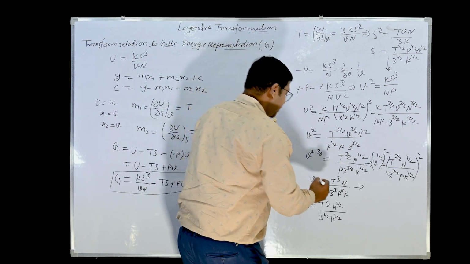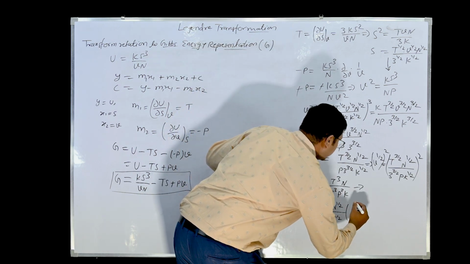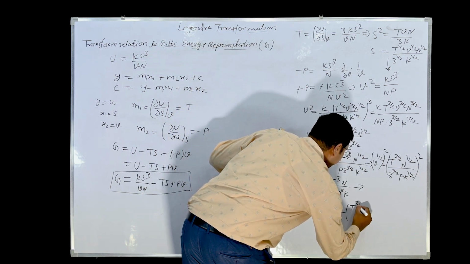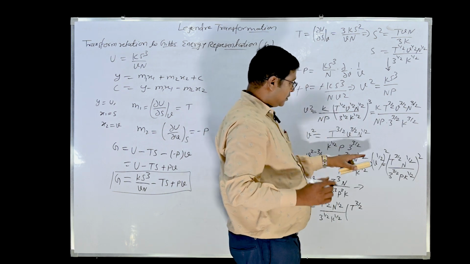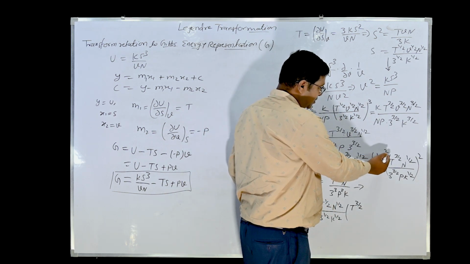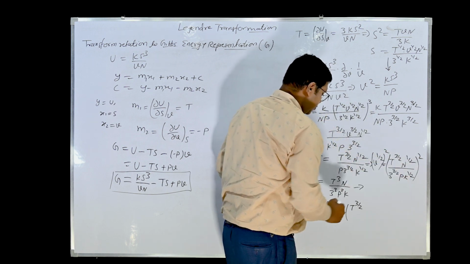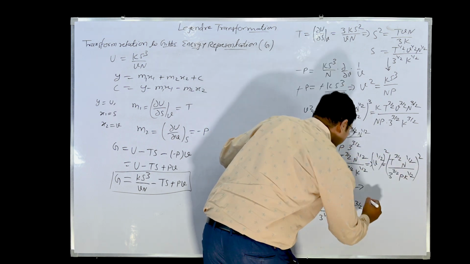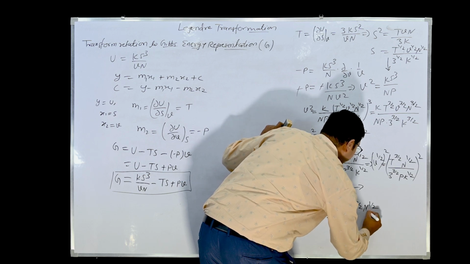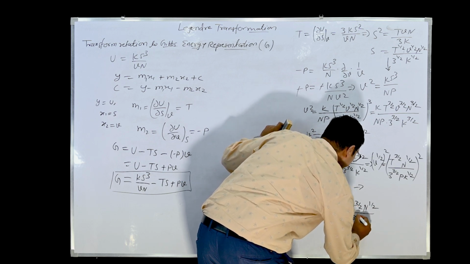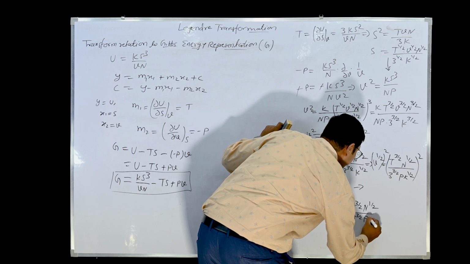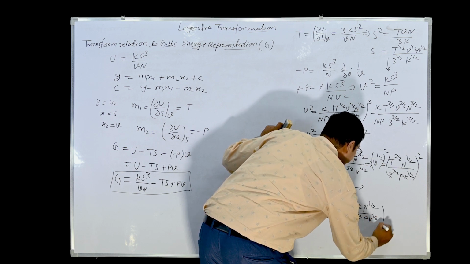So let's put it over here, the term will come: T to the power 3 by 2. Mind it, I have kept the square on both sides, so I am keeping the inner side values: T to the power 3 by 2, N to the power 1 by 2, 3 to the power 3 by 2 P, and K to the power 1 by 2.